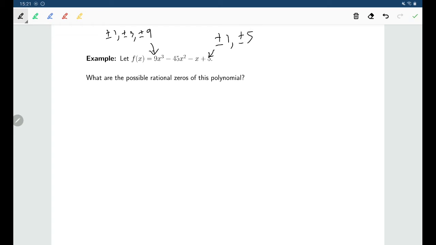So possible rational zeros are made by taking one of the factors of the constant term over one of the factors of the leading coefficient.